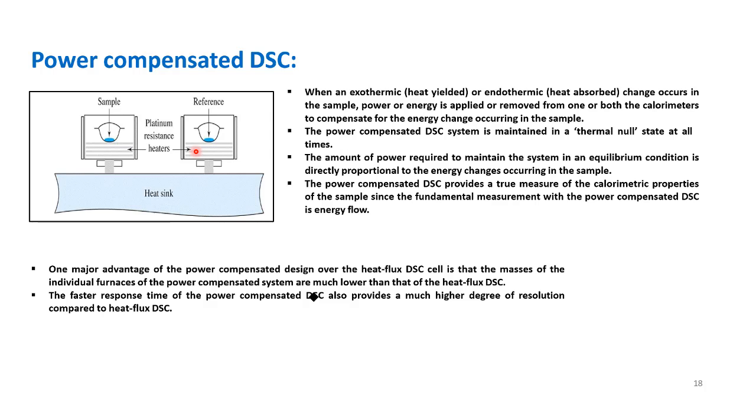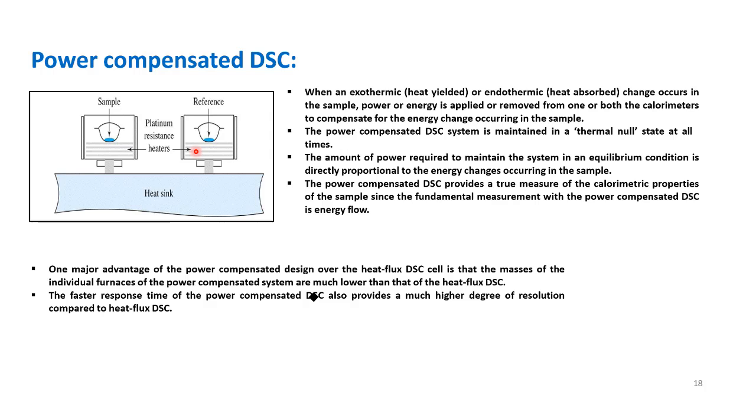A power compensated DSC provides a true measure of the calorimetric property of the sample, since the fundamental measurement is energy flow. So with the energy flow, we can directly relate it to the energy changes.